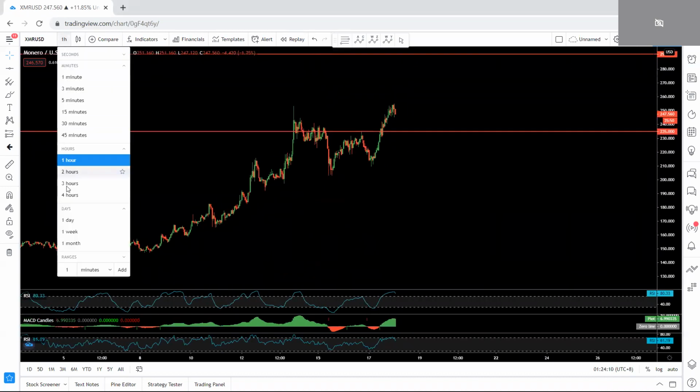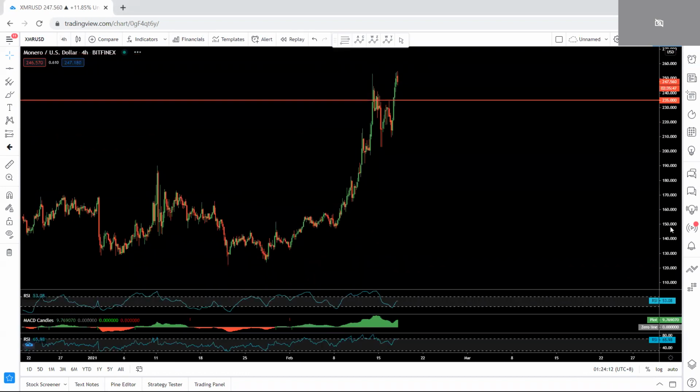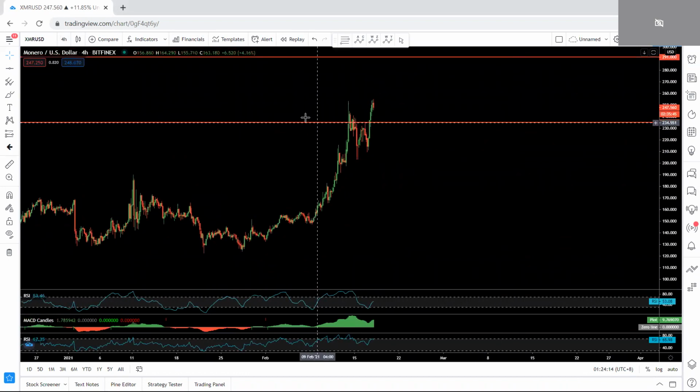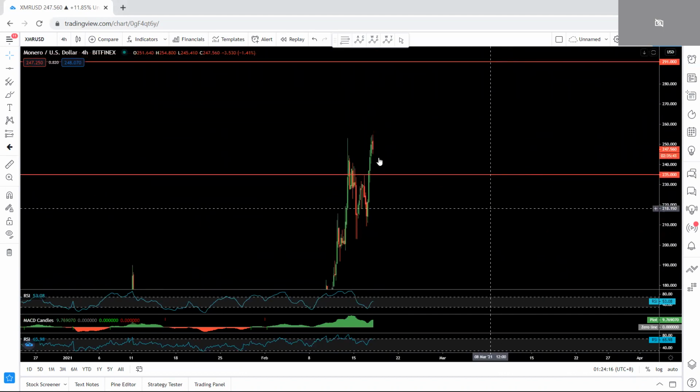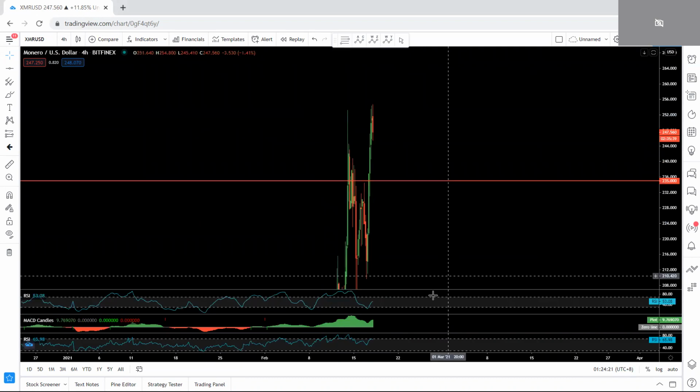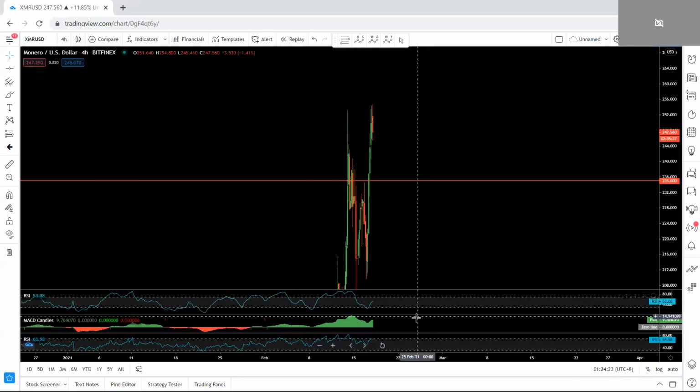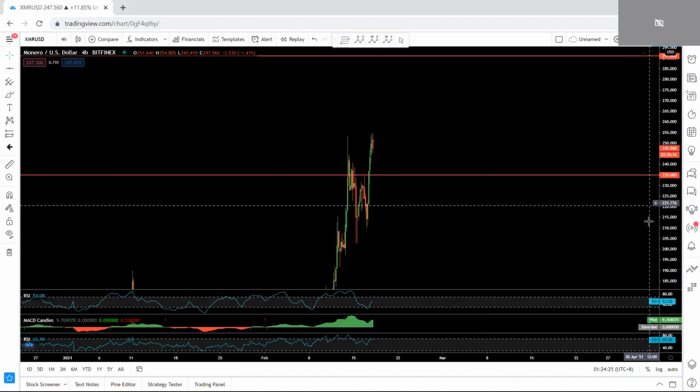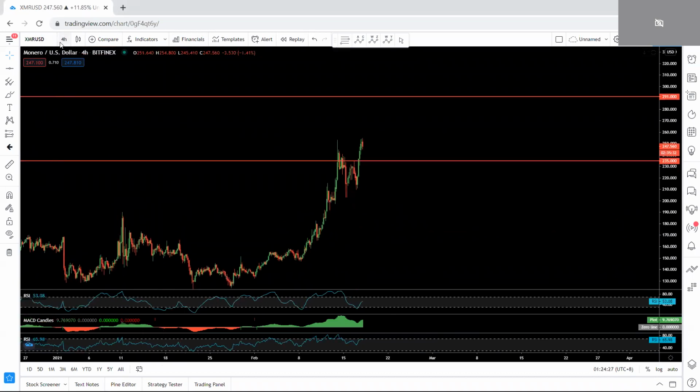If I move to 4 hour chart, we have nothing. The only thing, based on 4 hour chart, is we need to see that the price has broken the top, and if we have a divergence. And how about the daily chart?